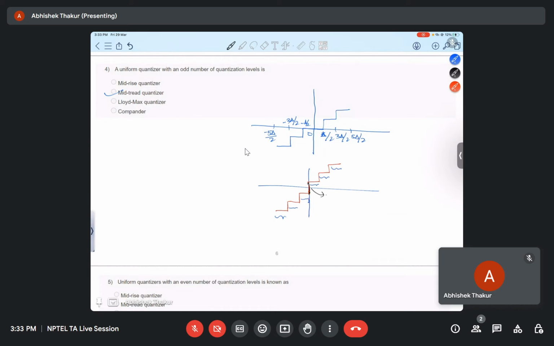So this is mid-rise for an even number of quantization levels. Now for an odd number of quantization levels, this is mid-tread. So the correct answer for this question is mid-tread.